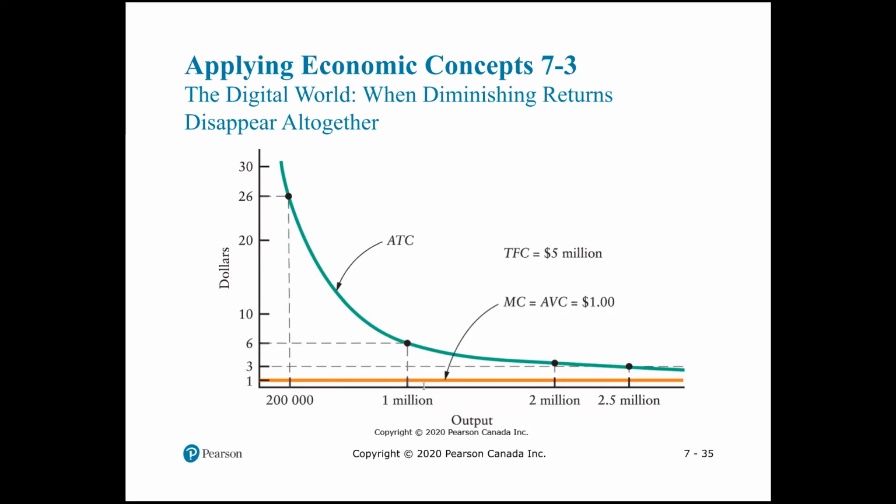Somebody have an example? What digital firm has a very, very high fixed cost, but then a very low marginal cost that is constant and never increases?